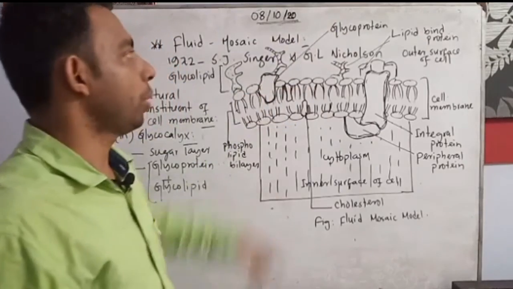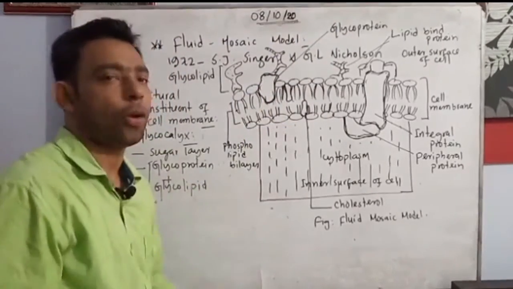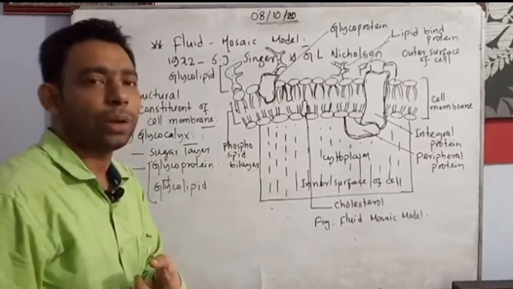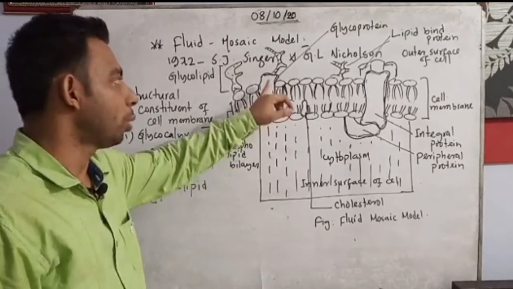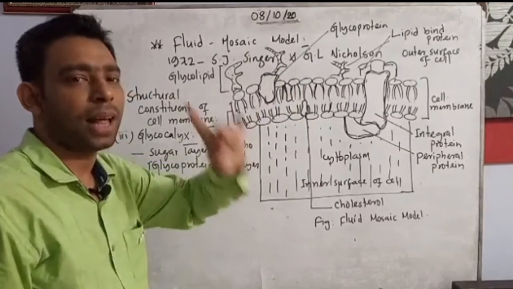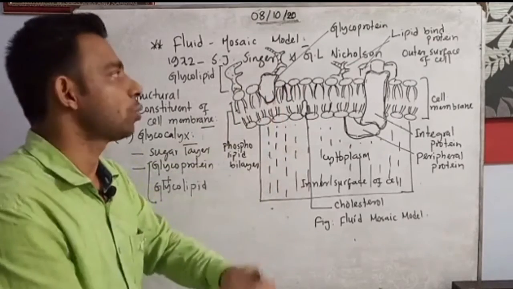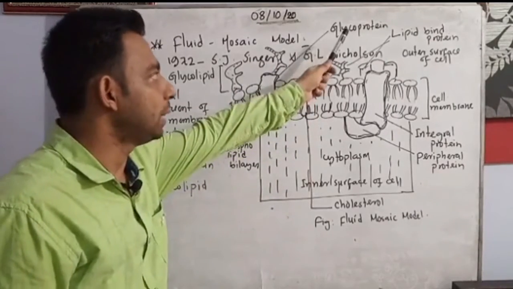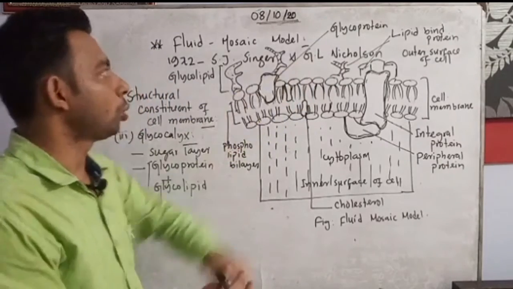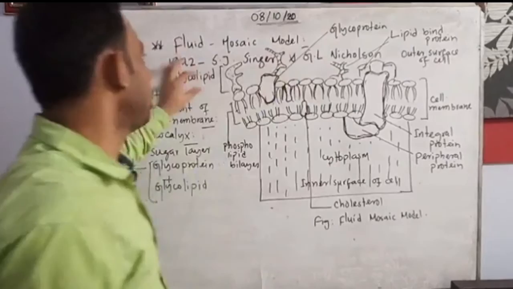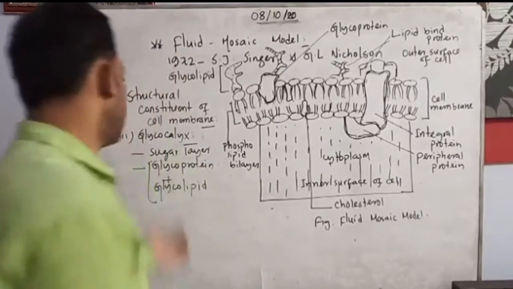How does the glycoprotein form? Glycoprotein forms when one molecule of carbohydrate combines with the lipid bind protein. Carbohydrate plus lipid bind protein complex together to form the glycoprotein, and when this glycoprotein binds with the glycolipid, both together we can say is the glycocalyx.